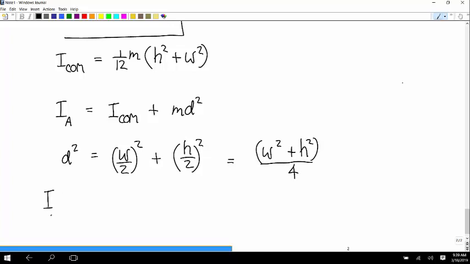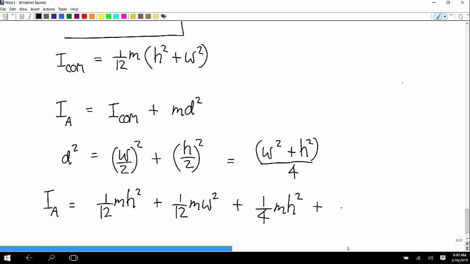And so the mass moment of inertia about A is equal to, I'll write it as 1/12 m h squared, I'm just distributing this 1/12 m through the parentheses in the first formula, plus 1/12 m w squared, plus, so mass times this distance squared gives us 1/4 m h squared plus 1/4 m w squared.